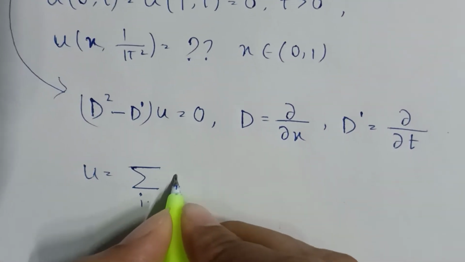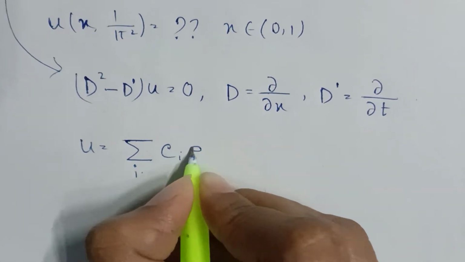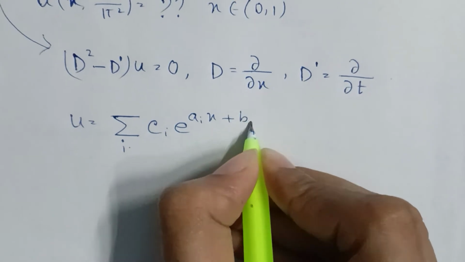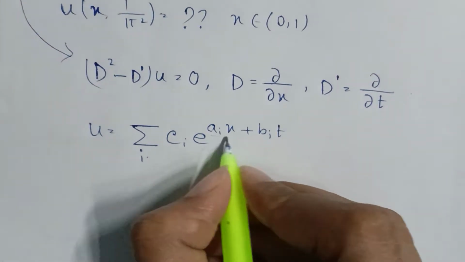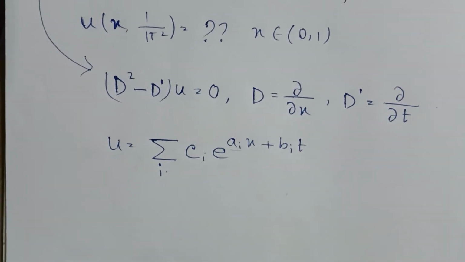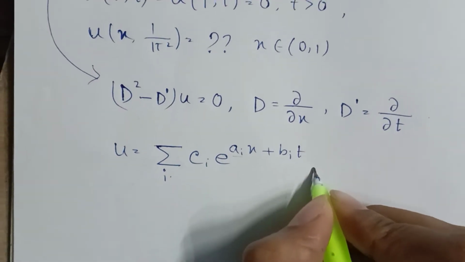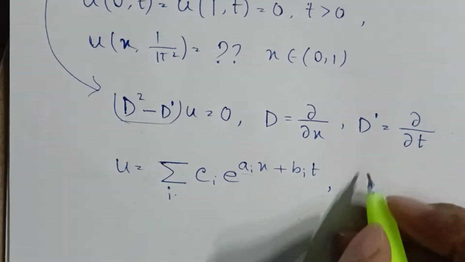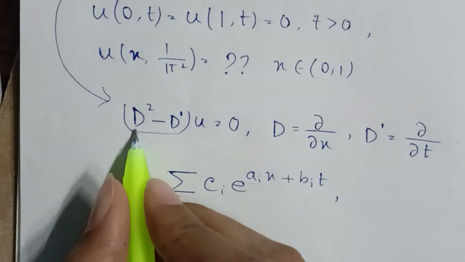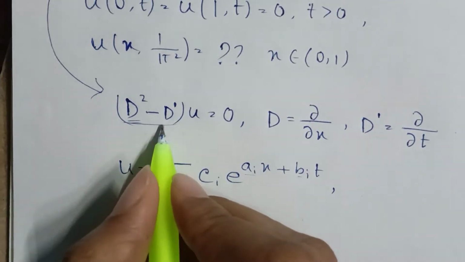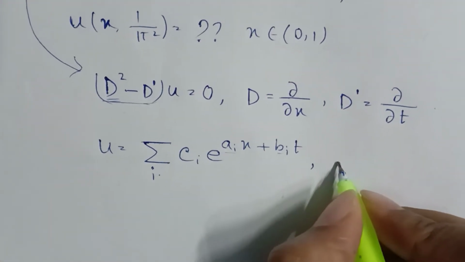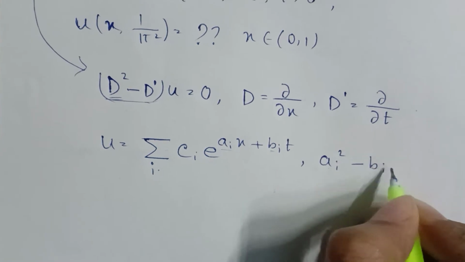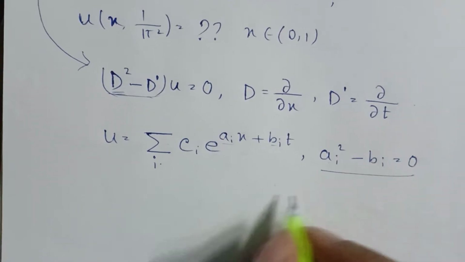So we only write c_i e to the (a_i x plus b_i t), where a_i and b_i are two constants satisfying this equation. Like if we put a_i in place of D and b_i in place of D dashed, then a_i squared minus b_i is equal to 0, satisfying this.